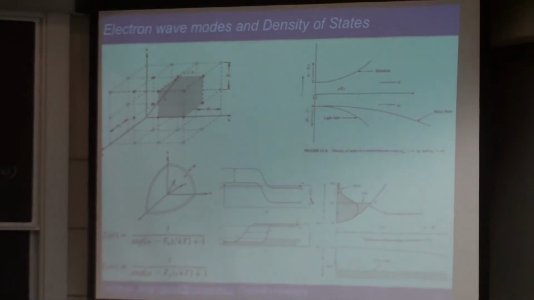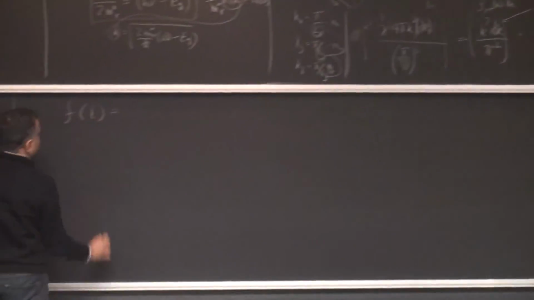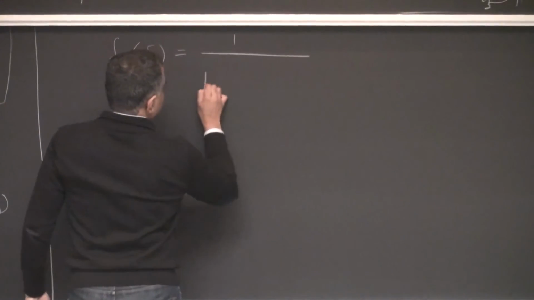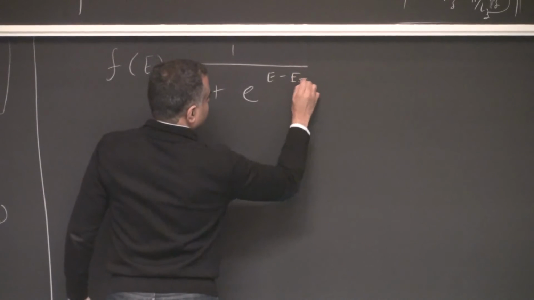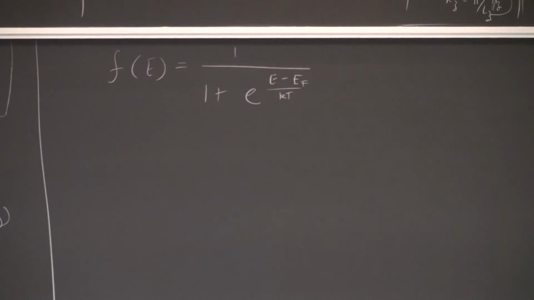Okay, so let's look at the Fermi function details. Let me first write down the Fermi function for any electron of an energy E: 1 over e to the power of E minus a certain characteristic Fermi energy, which is a measure of how many electrons there are.